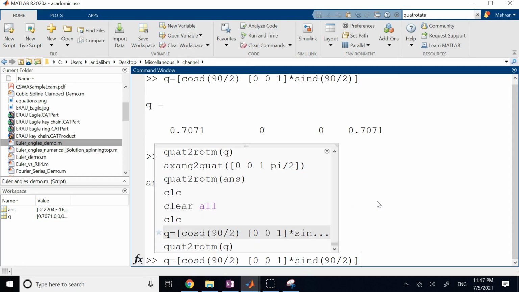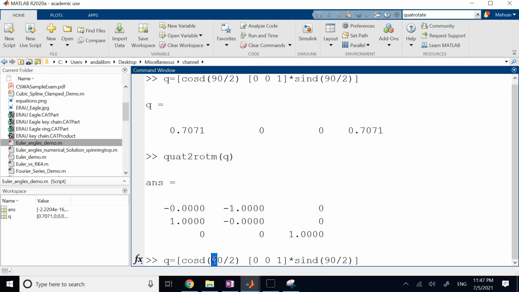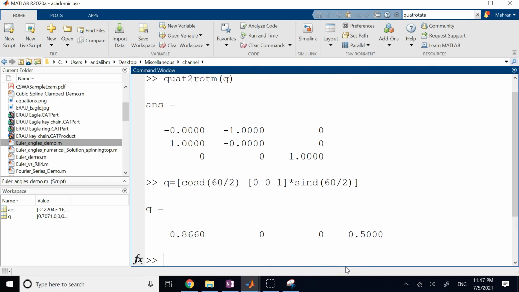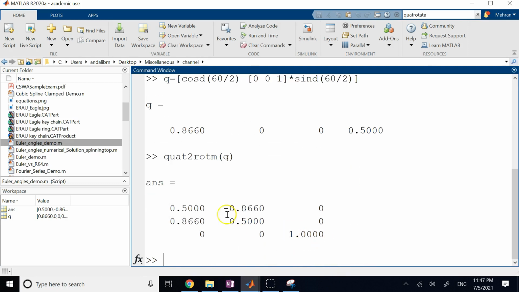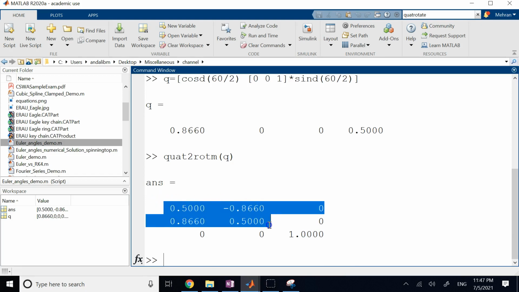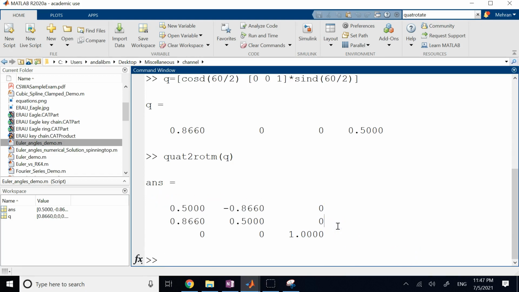I can try another example for you. Let's say I want a 60-degree angle, again about the z-axis. This is my quaternion, and if I pass it in, it gives me this rotation matrix. Does this look like R of z and 60? Yes. This is cosine of 60 degrees, which is 1/2.